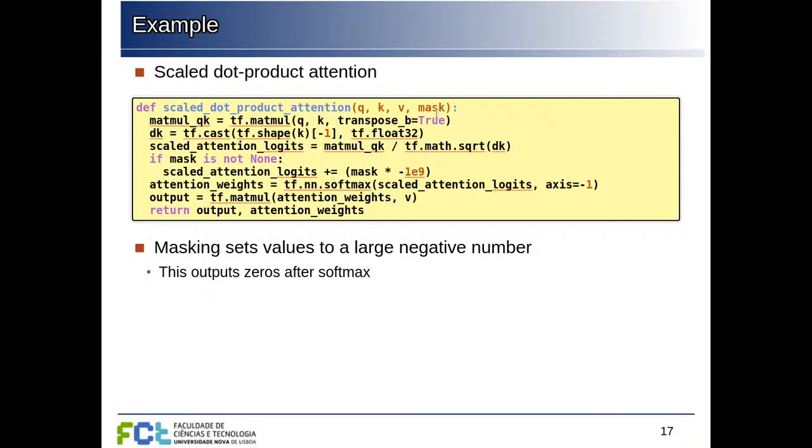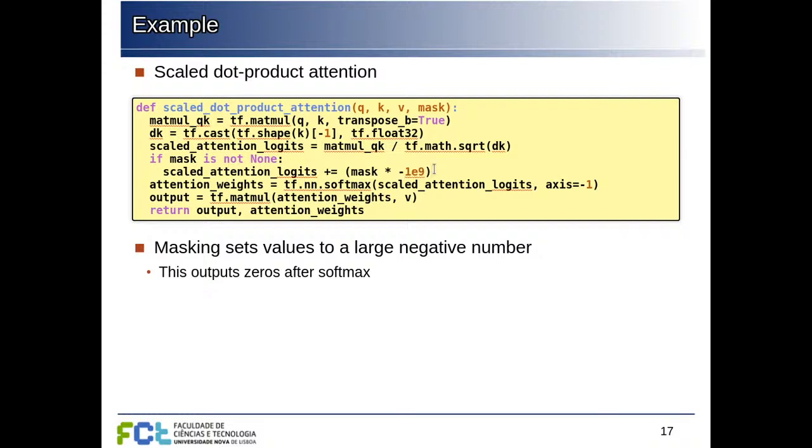And now we can check if we need to mask something, because before we pass into the softmax, we need to see if there are parts of the sequence we need to ignore. For example, parts that don't have words, or parts that have words that we don't want the model to look at because they are the next words coming up. So wherever there is the mask, if the mask is 1, we're going to put a very large negative number.